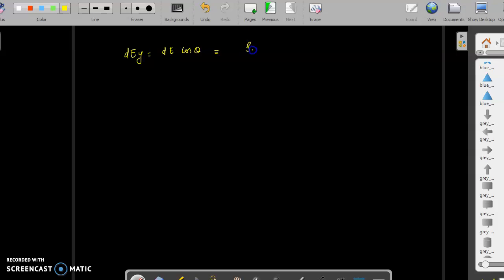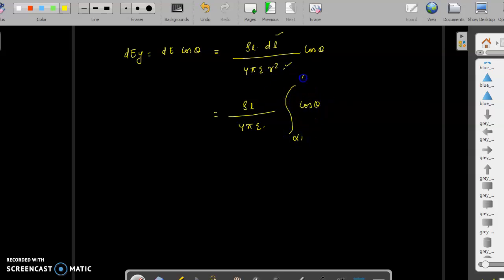So that becomes rho L dl over 4 pi epsilon r square cos theta, and when you substitute dl and r square, you finally come up with rho L over 4 pi epsilon h and then cos theta d theta. I am integrating from alpha 1 to pi minus alpha 2.